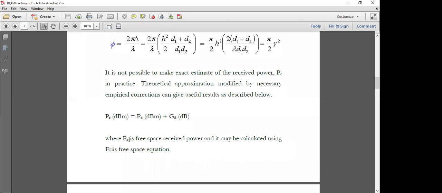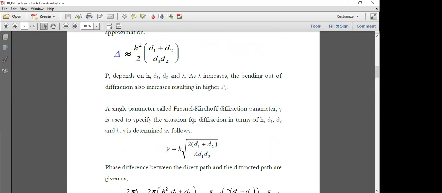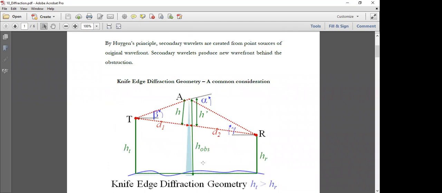Then we will add something, GD, that will change the power content. GD will have a negative value, because your power reception will be much less. We have an obstruction, so it's not possible that we get direct power.